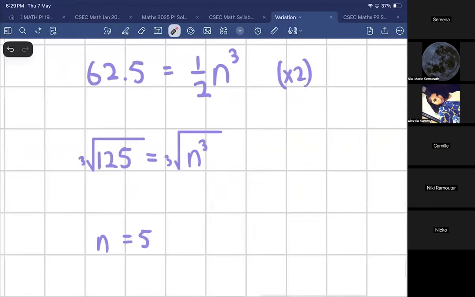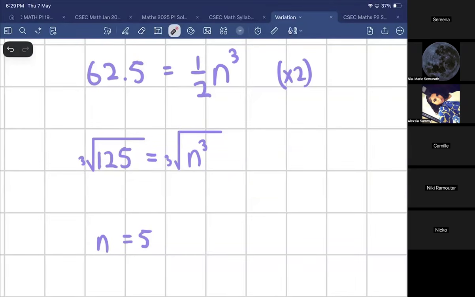Now, do you like working with fractions? No, sir. Fractions are dirty. We don't like fractions. Right? So if I have 1 divided by 2, what would I need to do to get rid of the fraction? What's the opposite of dividing by 2?